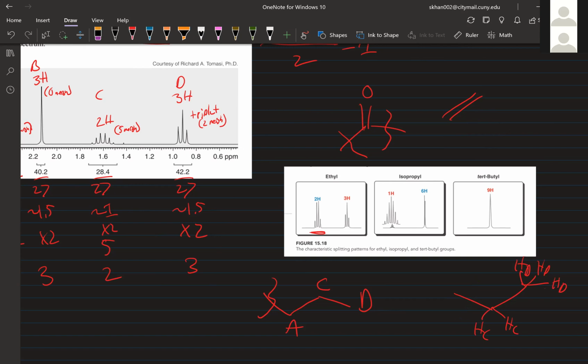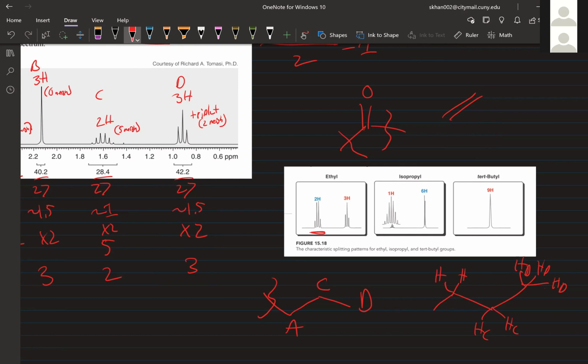So now C. Remember the total multiplicity of it was a sextuplet, which means that n plus 1 equals 6, which means it has 5 neighbors. So 3 of the neighbors we've already accounted for. Those are D. That means it's next to a carbon that has to have 2 other hydrogens.